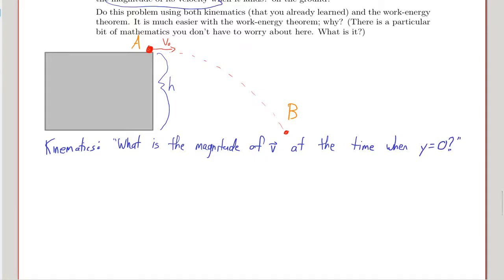Implicit in that is a choice of coordinate system. So I am choosing this point here at the bottom of the table to be my origin.